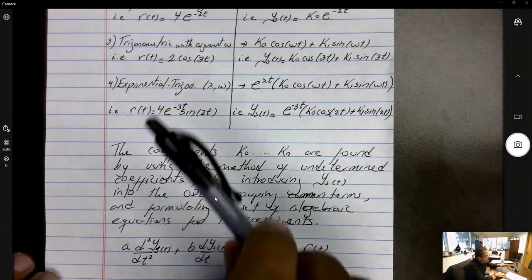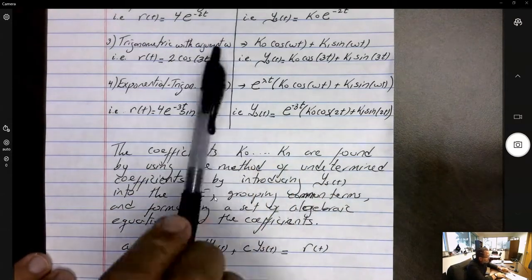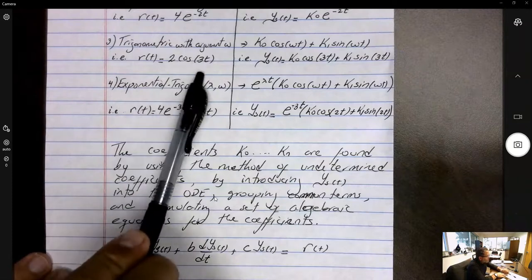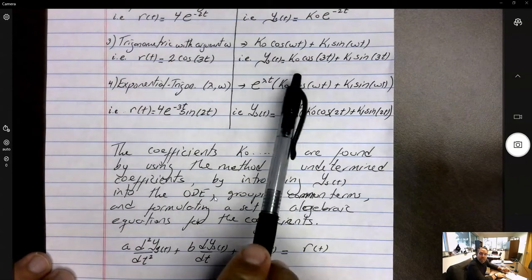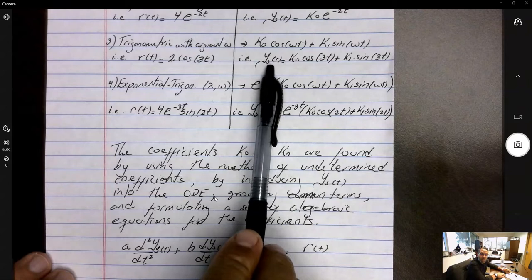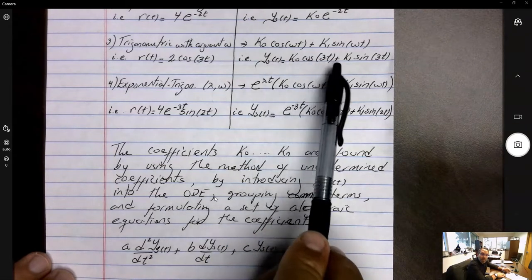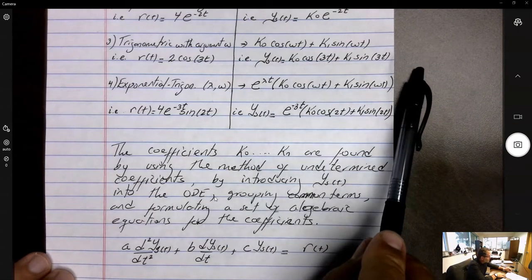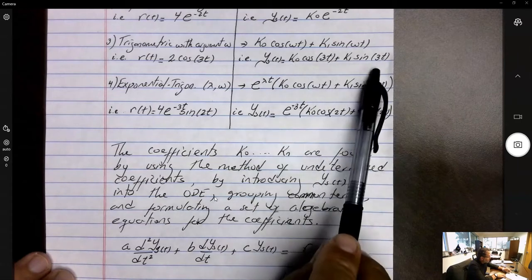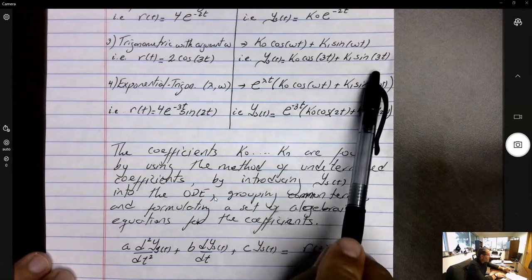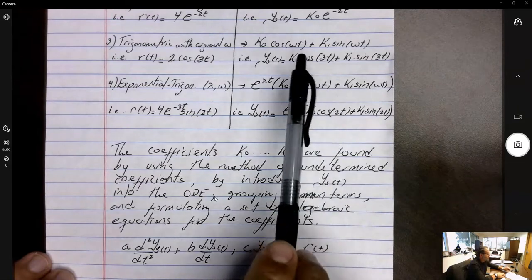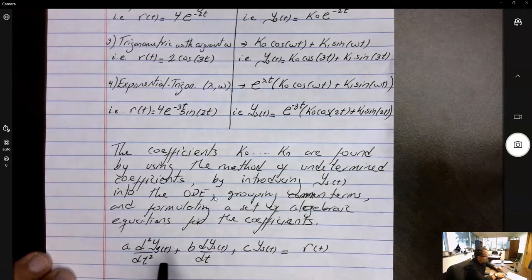So for example, if R of t is a trigonometric function like this, then we use a trial function y_s equal to k0 cosine of 3t plus k1 sine of 3t. Then we take the derivative of these, which will have a sine and a cosine, and the second derivative, which will have a cosine and a sine. We plug them in here, here, and here.